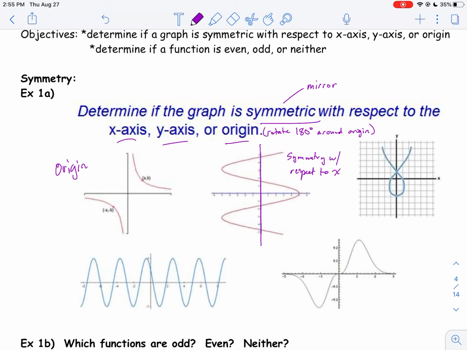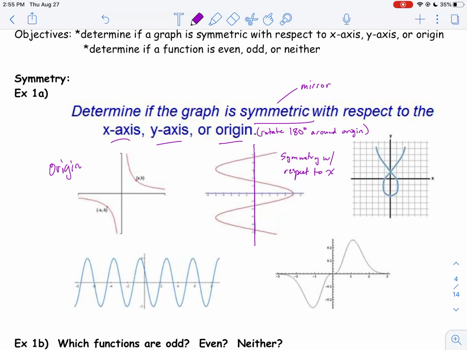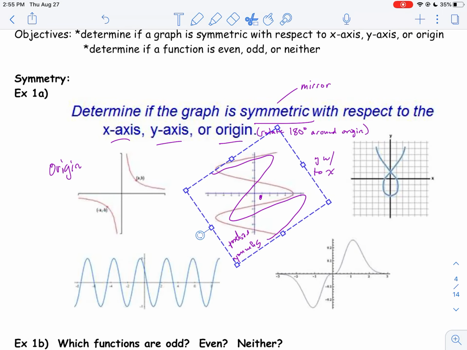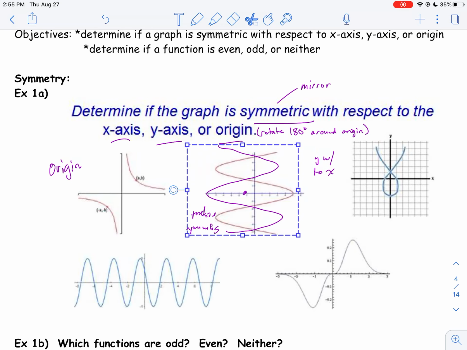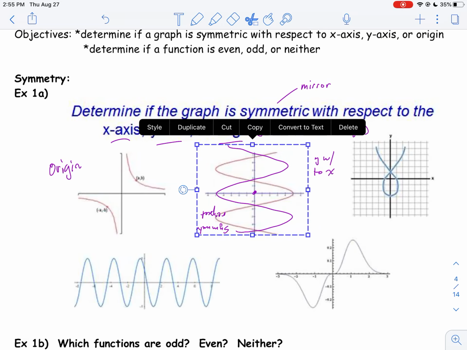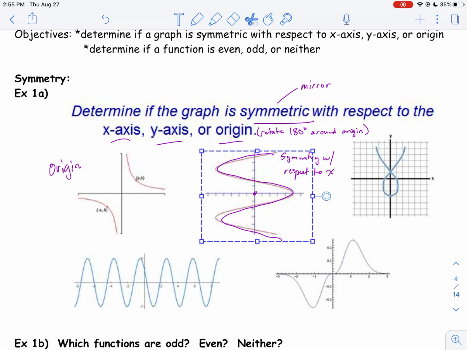You see, if I folded this over, I would have to have kind of the same shape on this side, so they would match up. And then how about with respect to the origin? If I took this and I rotated it, I'm going to do this just because I can. I think if I center it here, not quite, right? Even if I line it up. So, only with respect to x.